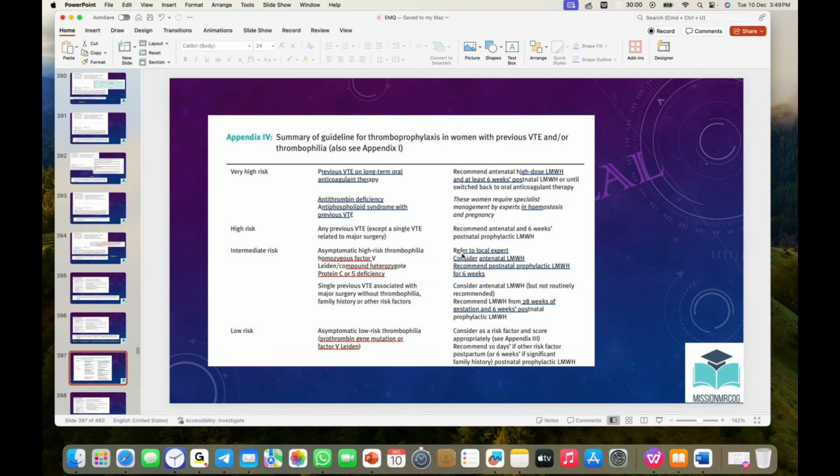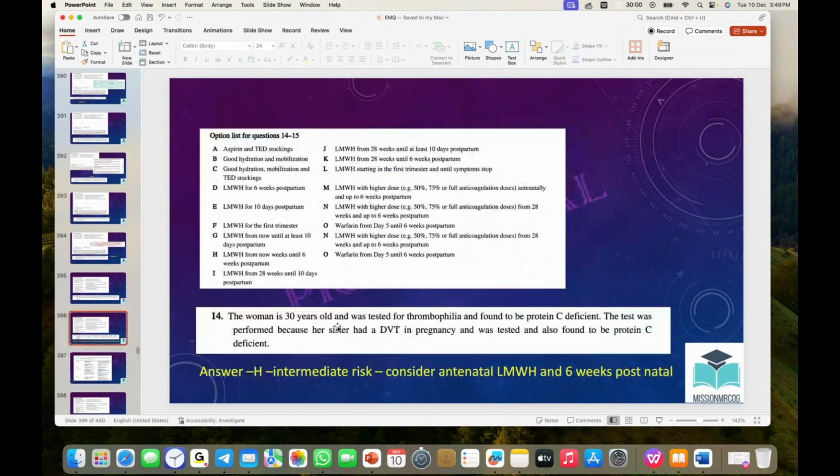Ideally refer to a local expert, consider antenatal and postnatal prophylaxis. They have not mentioned the gestation, so you start it now and give 6 weeks postnatal.